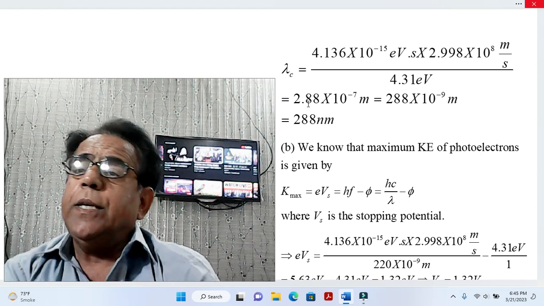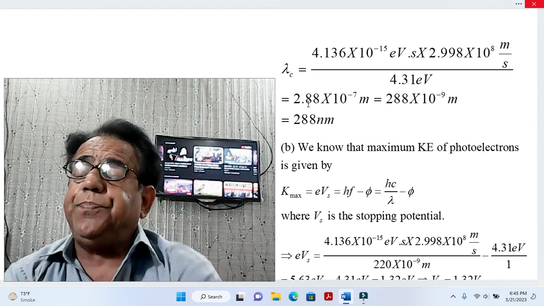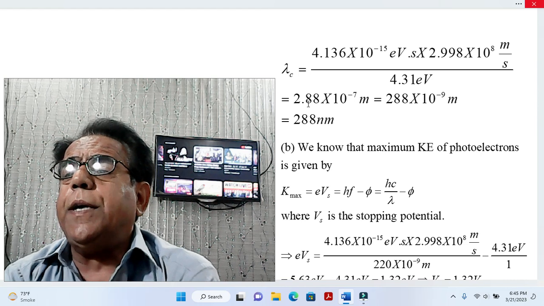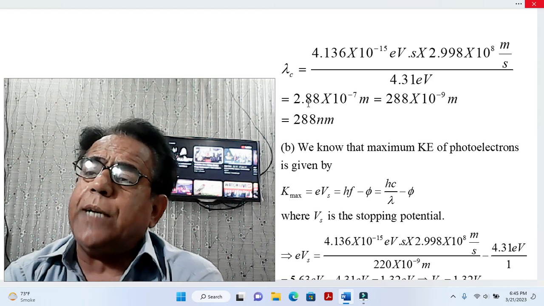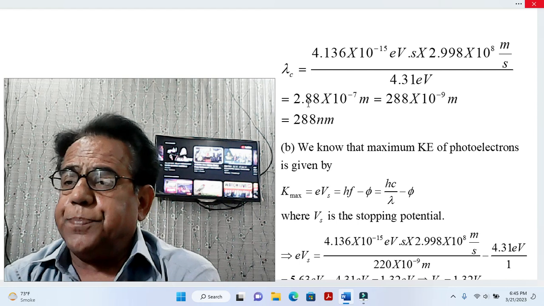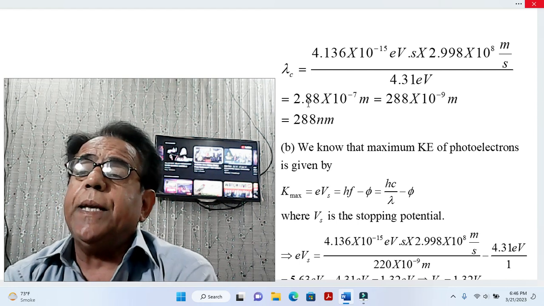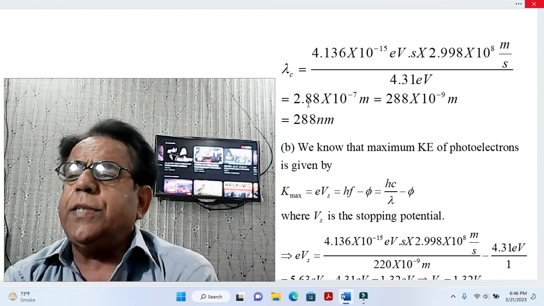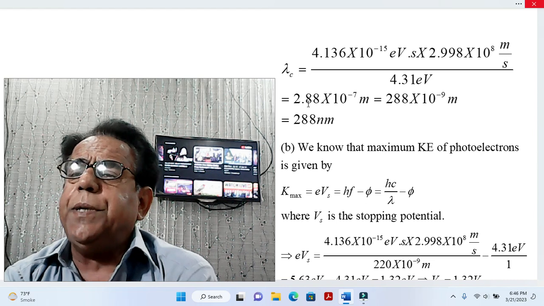Okay, this value will take the form as 288 into 10 to power minus 9 meter, and we know that 10 to power minus 9 is called nano, denoted by n. So this is equal to 288 nanometer, nm.